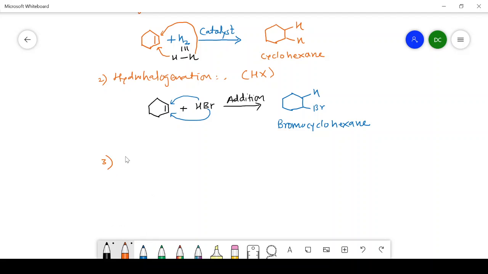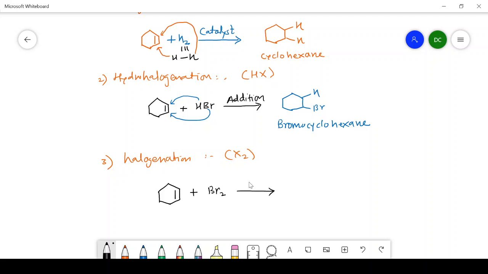The third chemical property is halogenation. In halogenation, there is an addition of halogen across the double bond, and the example is, once again, I will write cyclohexene plus Br2, that is bromine.